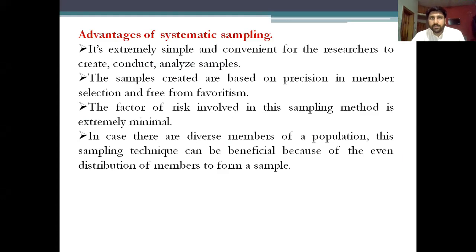In the first sample, a researcher might have some biasness in mind while selecting, possibly. However, the subsequent samples from each interval depend upon the first sample, so they are free from biasness or favoritism. And the risk involved in this method is extremely minimal. In case there are diverse members of the population, this sampling technique can be beneficial because of the even distribution of members to form a sample.